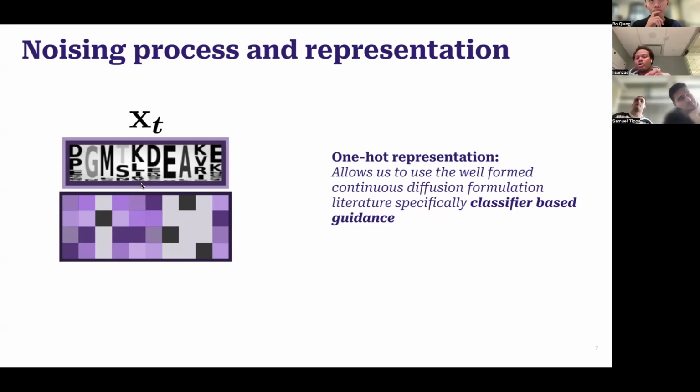This also allows us to use the very same classifier-based guidance formulation that was popularized within diffusion literature without having to make our own. This is really nice because we have a very simple, easy to implement approach, and we can use all the previous work people have done within generative modeling to guide us towards where we want to be.